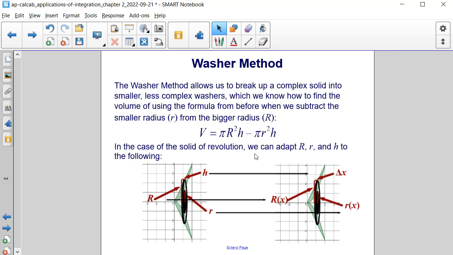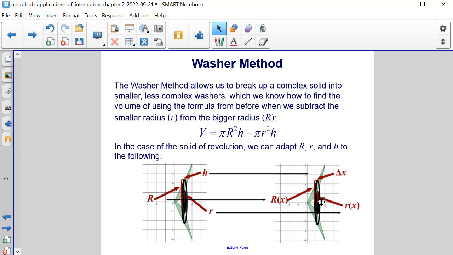In the case of the solid of revolution, we can adapt capital R, lowercase r, and h to be the following. This outer radius, capital R, becomes capital R of x, which is its own function, and we're going to square that function. The height is going to be delta x, or dx.